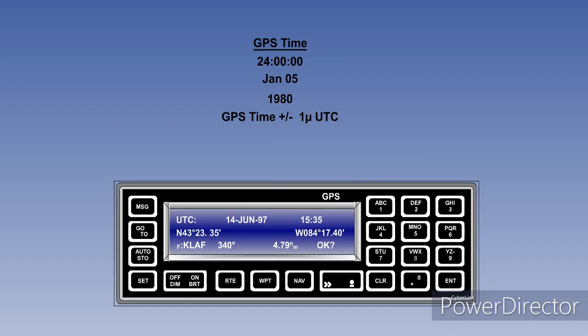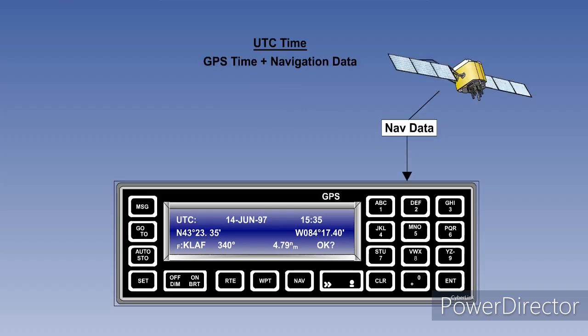GPS time is measured in weeks and seconds from midnight, January the 5th, 1980, and it is corrected to within 1 microsecond of UTC. UTC time is then computed from GPS time using the UTC correction parameters sent as part of the navigation message.